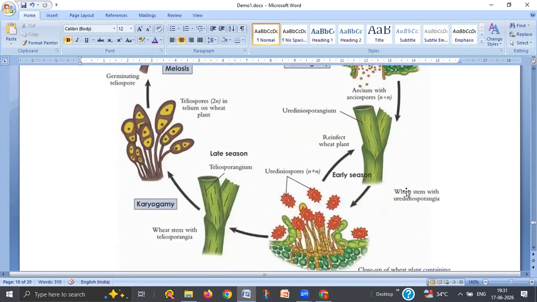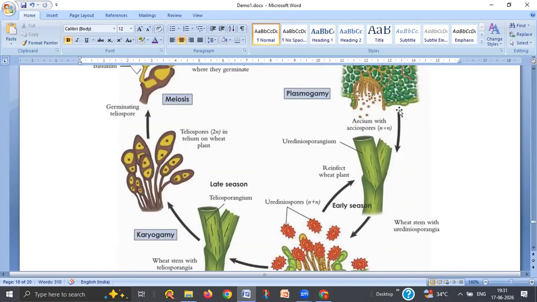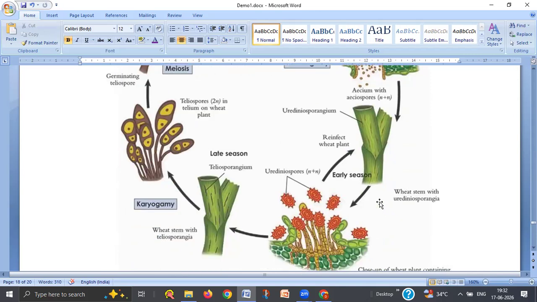And the next stage is here: from the barberry plant, the aeciospores infect the wheat stem and wheat leaves, and they form the uredium, also called uredosorus. They produce uredospores, which are red brick colored. Due to the color of these spores in the form of rust, it is also called red rust.